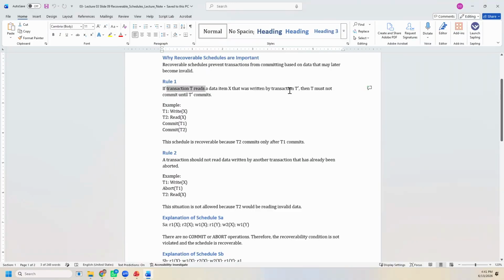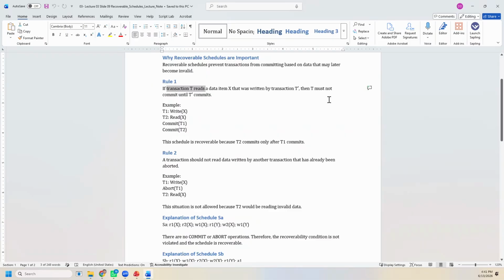T dash writes, then T accesses it. The rule says T must not commit until T dash commits. The transaction that wrote should commit first, which means its modifications should be saved to the database permanently, before whatever modification follows using this X.